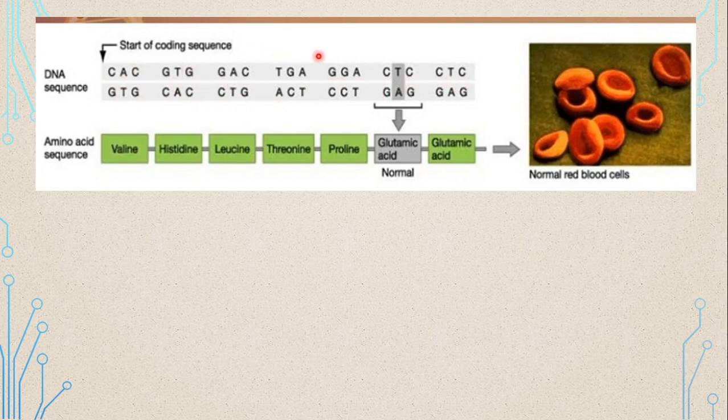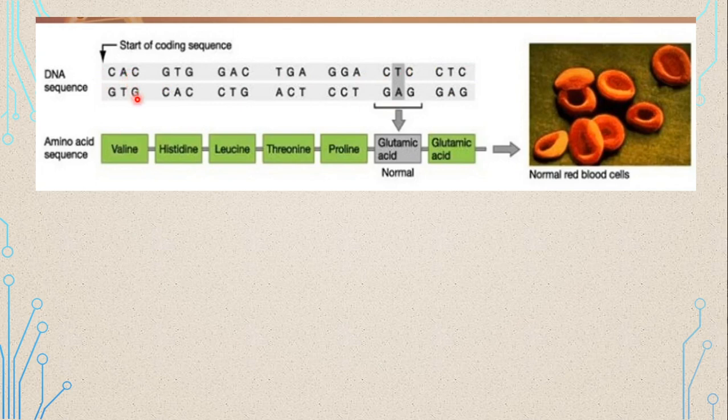This is only a part of it, the part which codes for hemoglobin. As we had already learned, alpha and beta chains. So the beta globin chain changes here. This particular sequence of DNA is coding for beta hemoglobin.